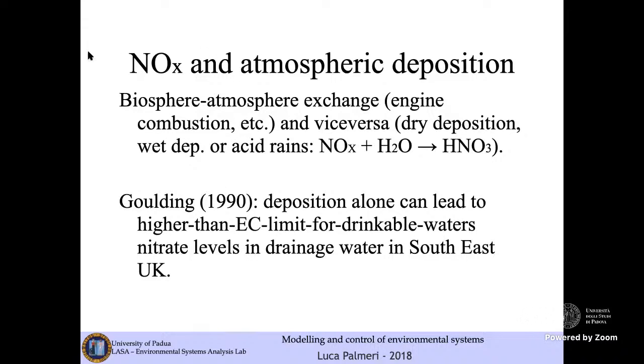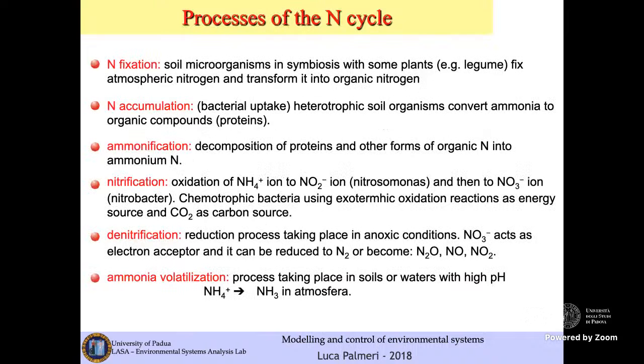So you have to be aware of the fact that nitrogen oxides atmospheric deposition may be a relevant process for what may change the water quality condition of surface water bodies. To resume, what are the processes involved in nitrogen fixation?